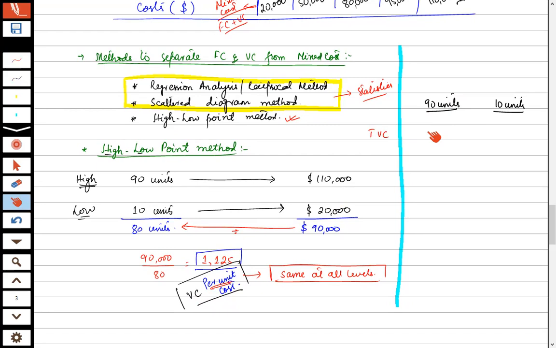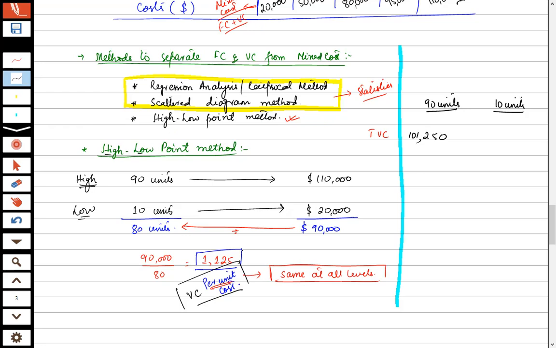And what would it be? It is 101,250. Let me check. 1125 into 90 is 101,250.